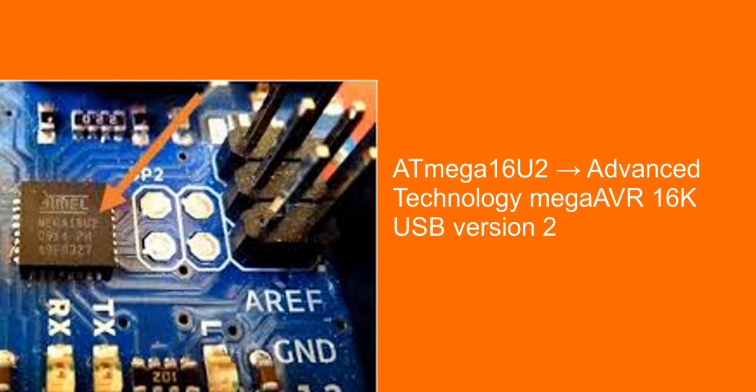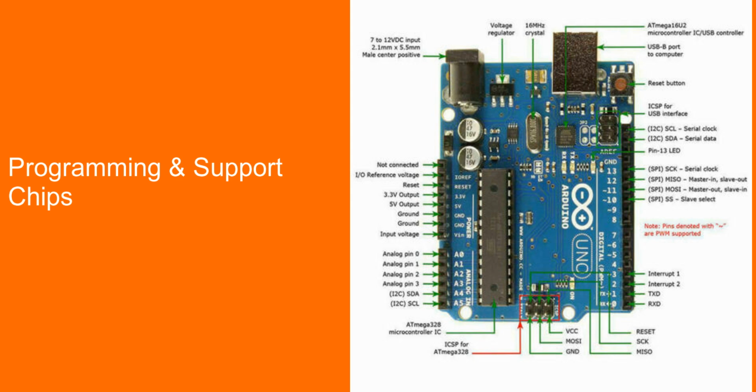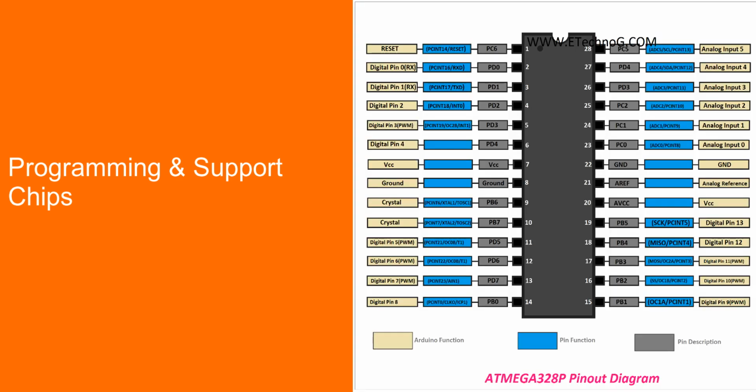It is a small AVR microcontroller used on Arduino as a USB to serial converter, allowing the computer to communicate with the ATmega328P.